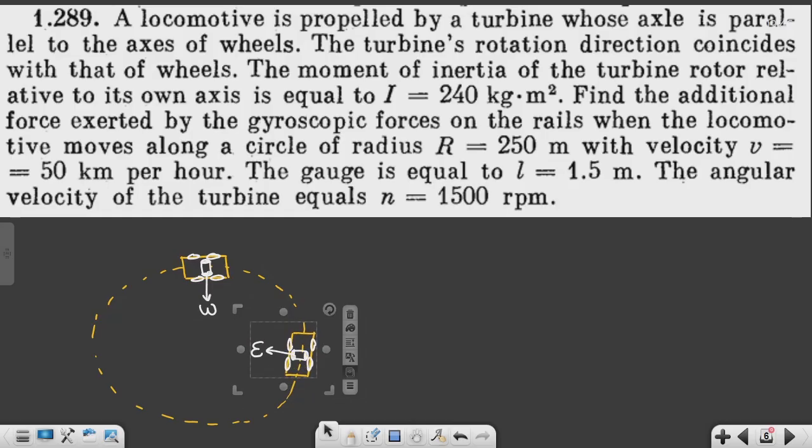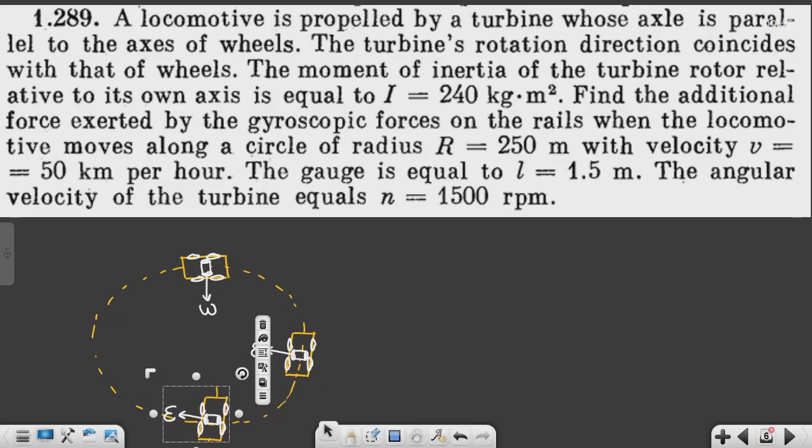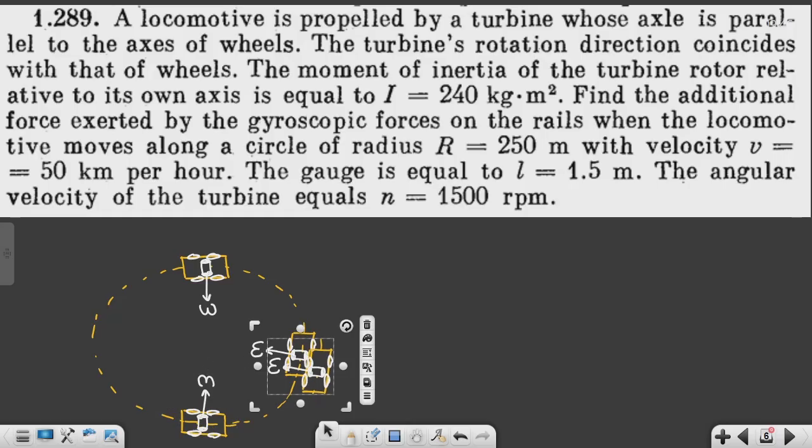Similarly, when the train reaches out here, the angular velocity would be in this direction. Similarly, when the train reaches out here, the angular velocity is in this direction, isn't it?